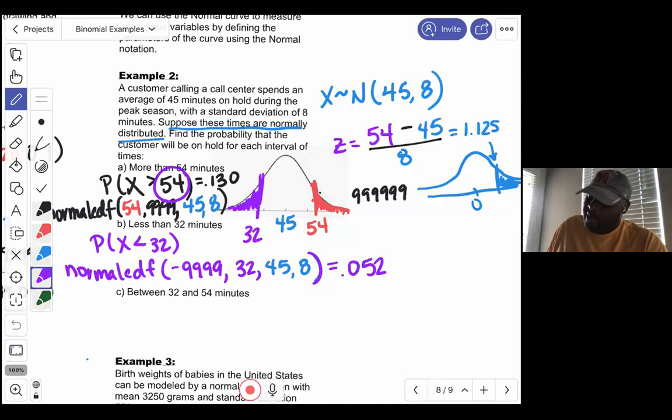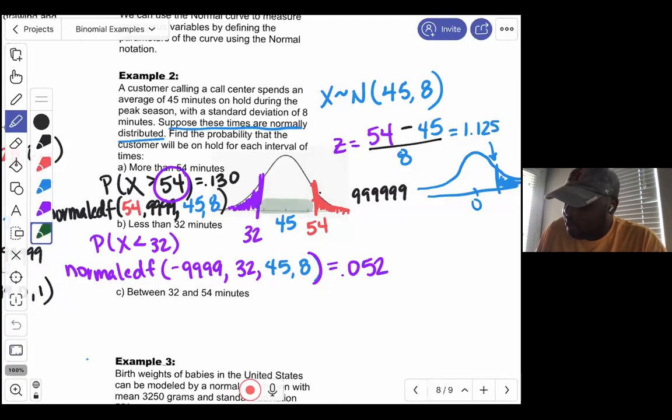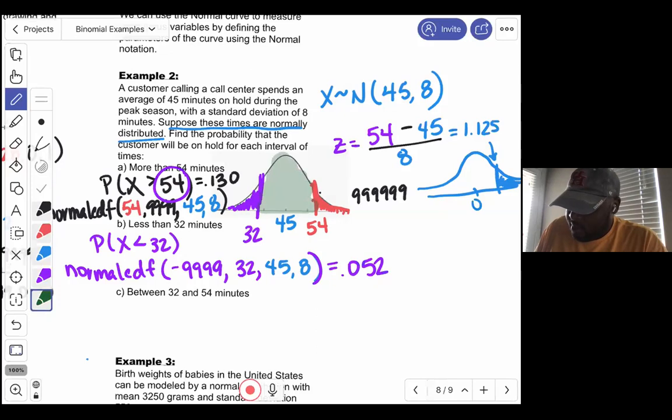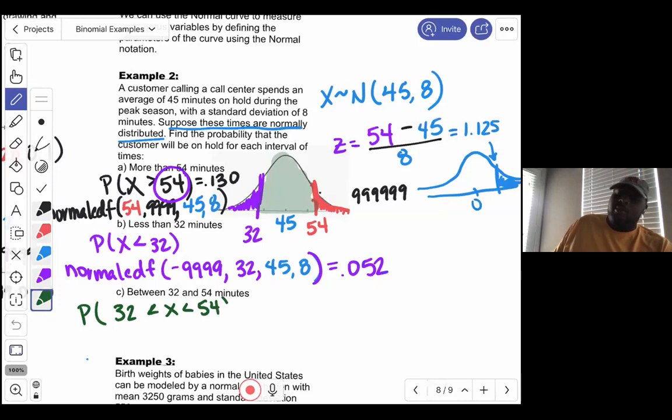And then the last one says to find the values between 32 and 54 minutes. So now I want to be inside of these two values. Well, exact same process. So I'm going to do the probability that this time you want X to be in between 32 and 54. Here's how you write that. Your X is sitting in between those two values, 32 and 54.